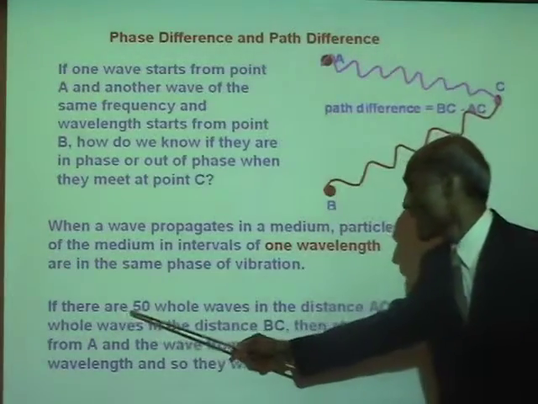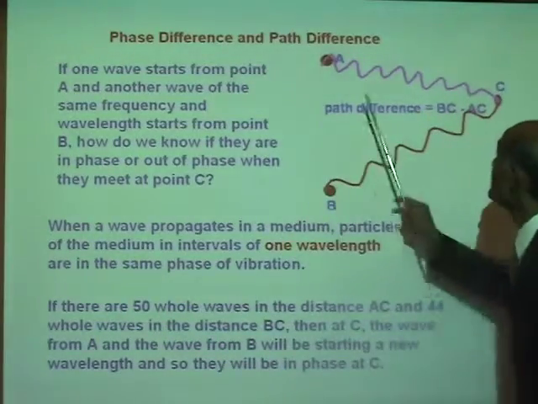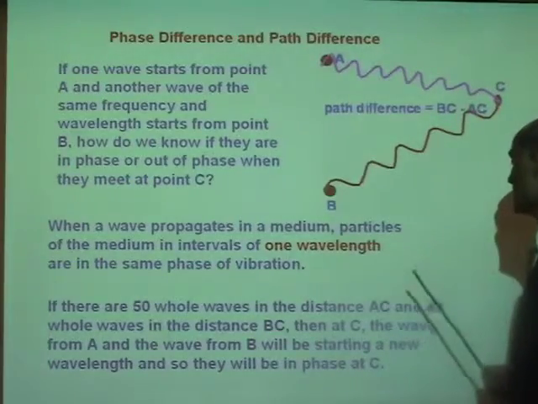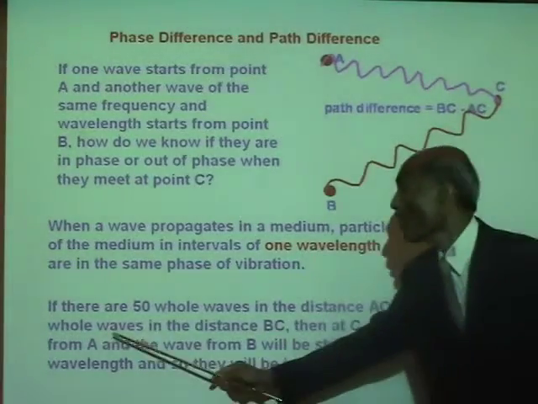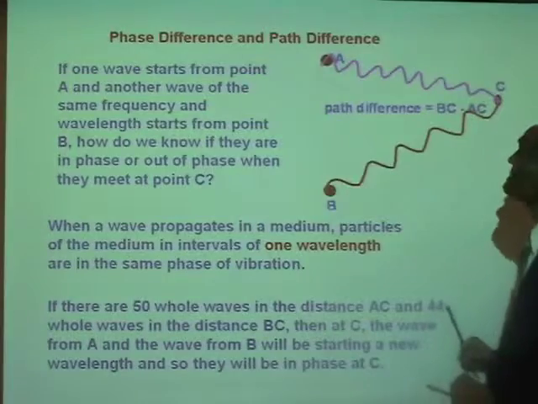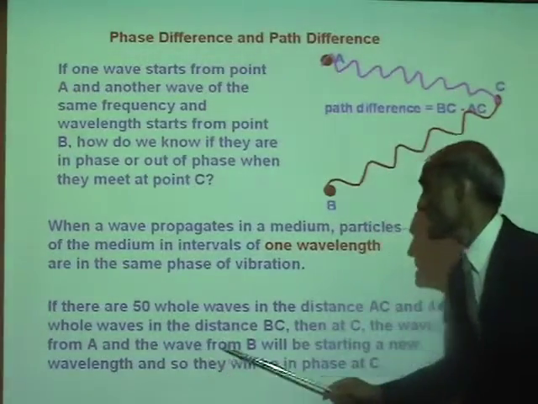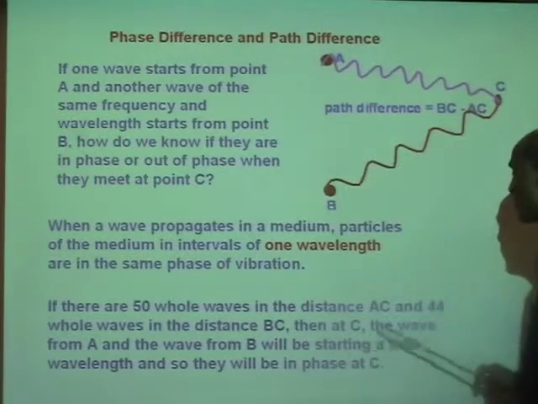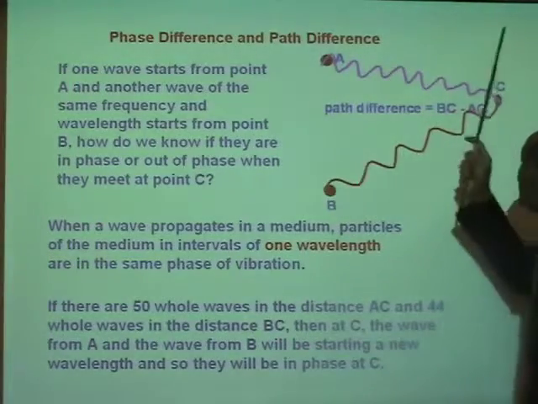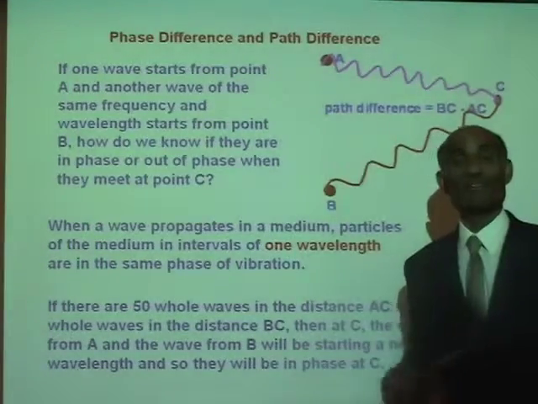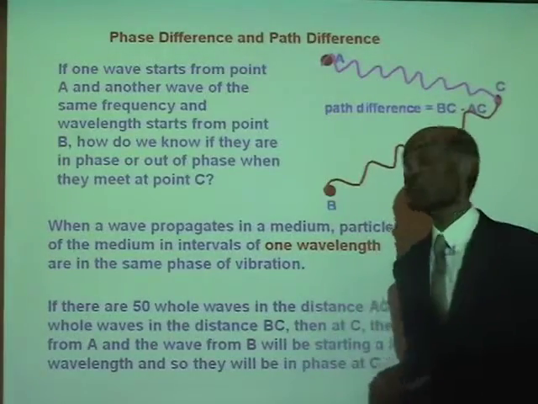Alright, if there are 50 whole waves in the distance AC, and there are 44 whole waves in the distance BC, then the waves from A and waves from B will be starting a new wave at C. That means they arrive in phase.